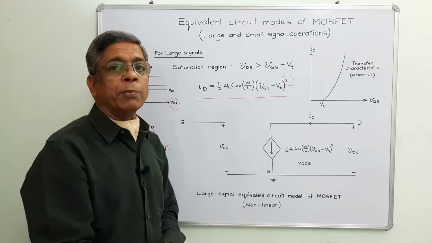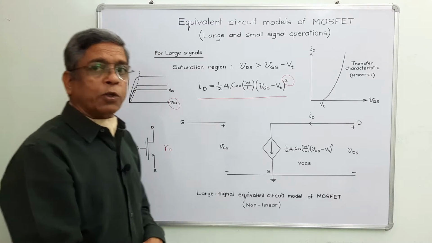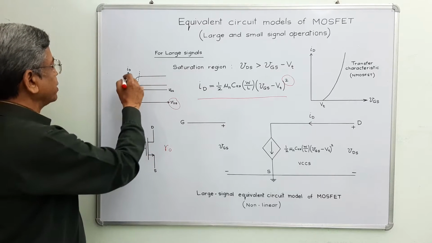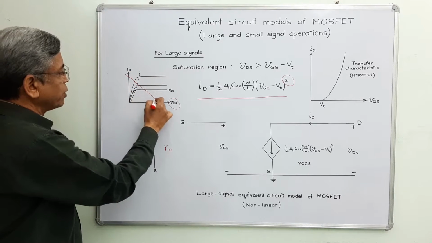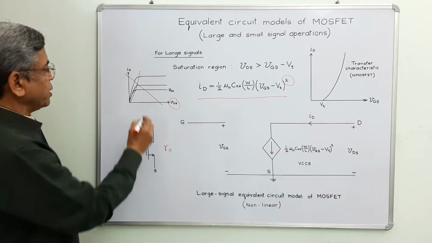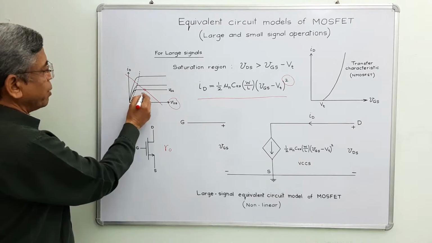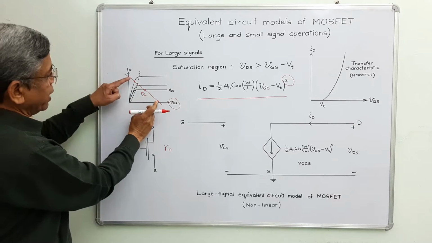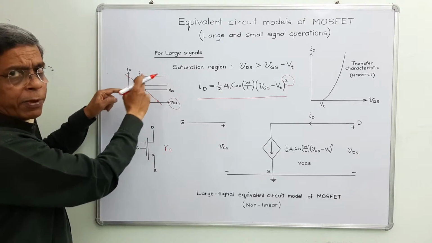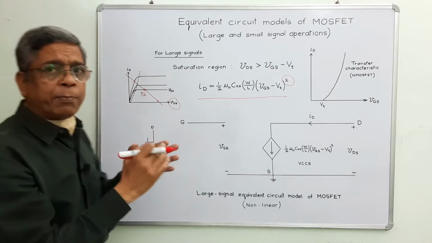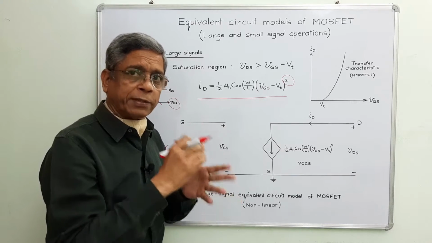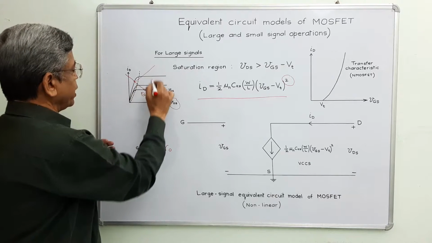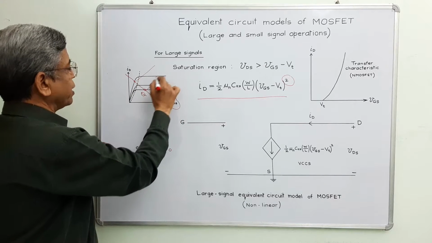But to ensure linear magnification, the Q point should be fixed by biasing such that this is, suppose, a DC load line. The Q point must be in between these two points here for linear amplification, and the swing of the input signal should be in the saturation region.